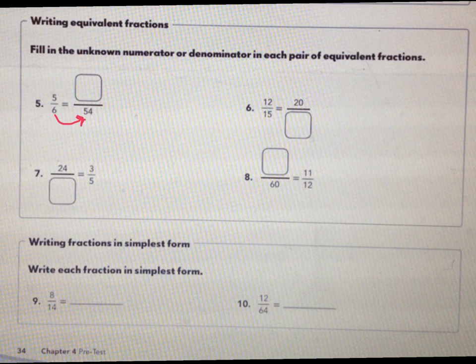I know that when I'm writing equivalent fractions, the two operations which allow me to do this are multiplication and division. Addition and subtraction aren't going to work. So knowing that 54 is bigger than 6, I must be multiplying 6 by something. So what am I multiplying 6 by to get to 54?